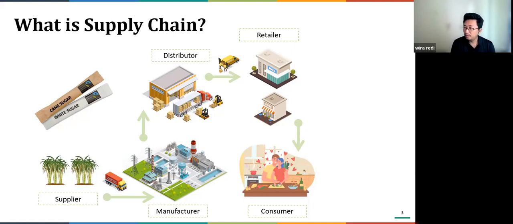For example, if you want your customer to get the lowest cost possible, you want it to be as close as possible to your house. For example, I want to buy sugar just right beside my house, right?